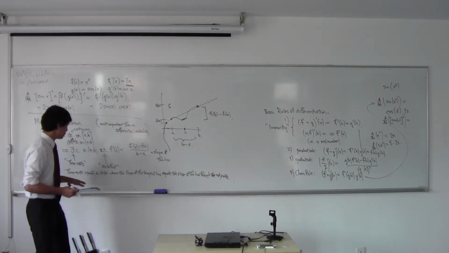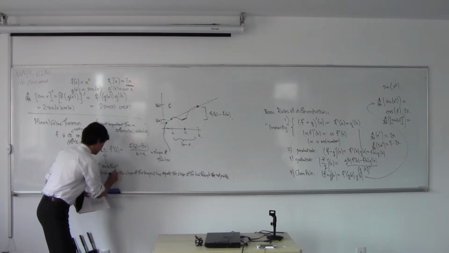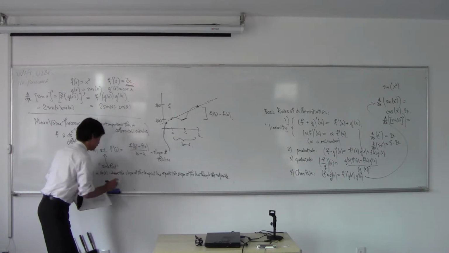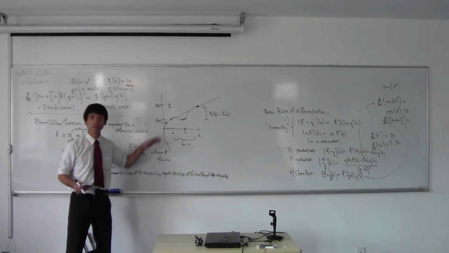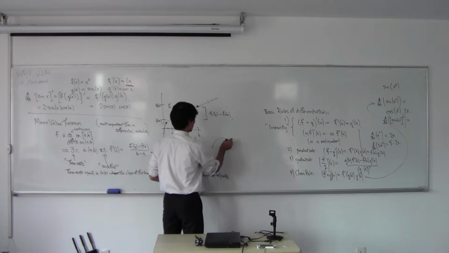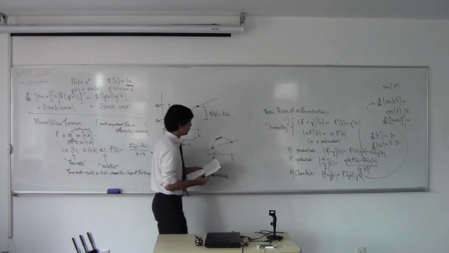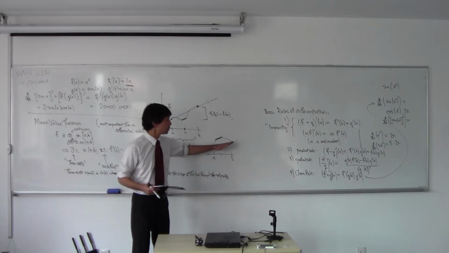There is a point where the slope of the tangent line equals the slope of the line through the endpoints, right? So if I have something like this, here's the line through the endpoints, and you see that there's one place where the slope of that guy equals the slope of this line.